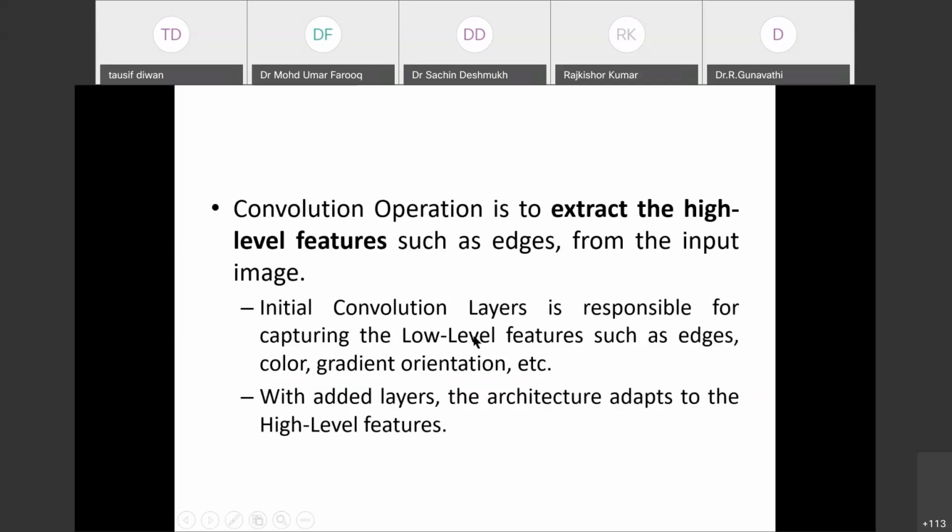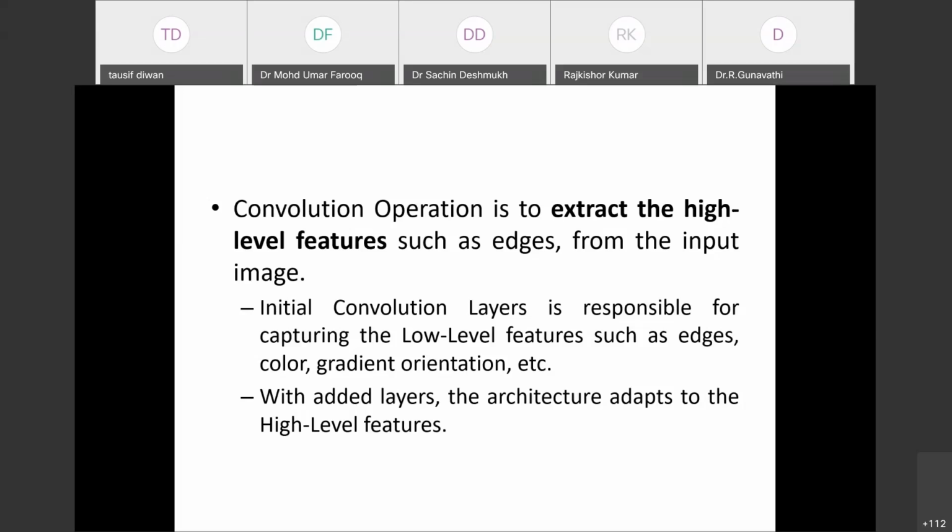Two types of convolutional layers are there: initial convolutional layers and later convolutional layers. Two types of features are also there, low level features and high level features. Initial convolutional layers are responsible for extracting low level features such as vertical edges or horizontal edges. Later convolutional layers are responsible for detecting high level features, like with the help of horizontal and vertical edges you can draw a circle or a rectangle.